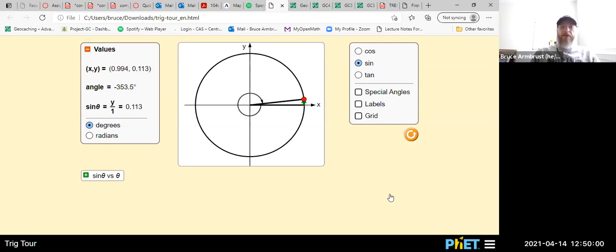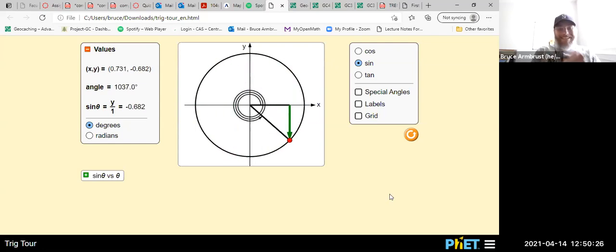So as I go around the circle, think about what the y coordinates do. I go from 0 up to 1, down to 0, down to -1, to 0, to 1, down to -1, 0, up to 1, to -1, to 1, to -1.